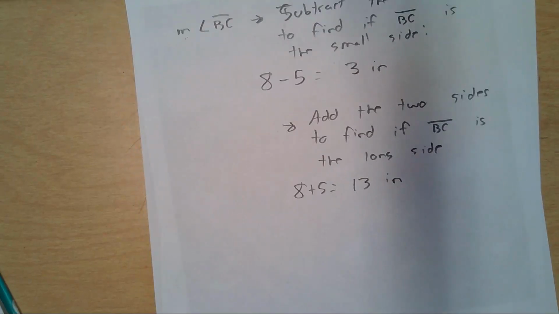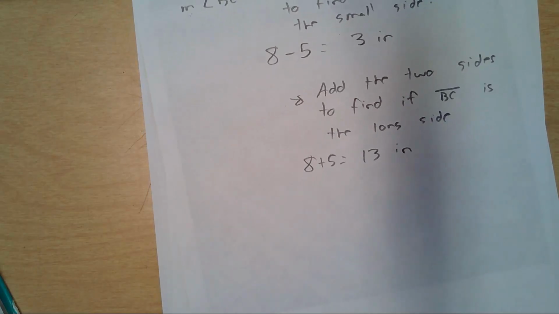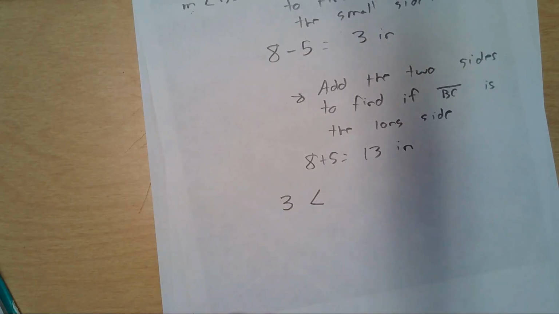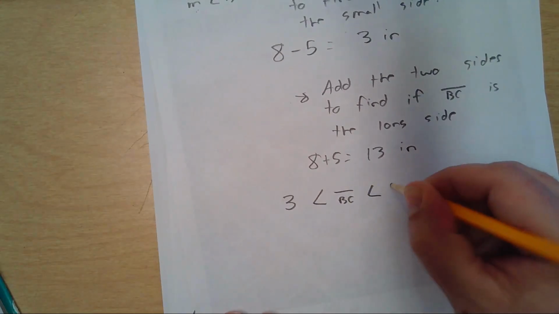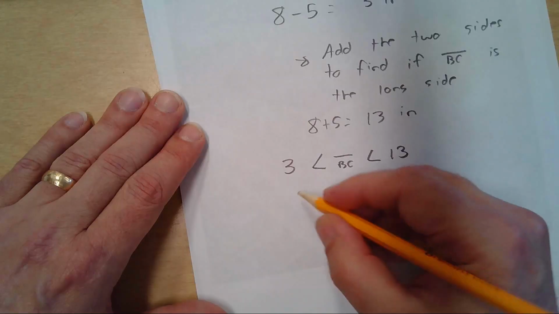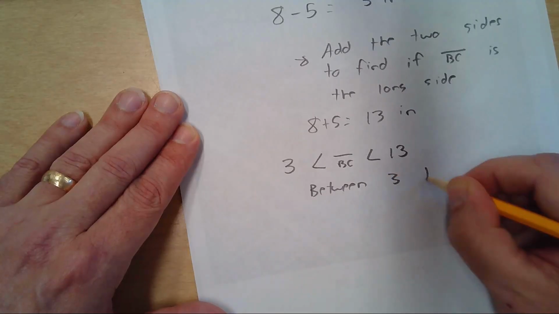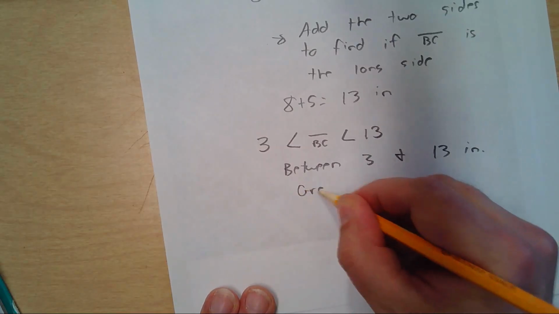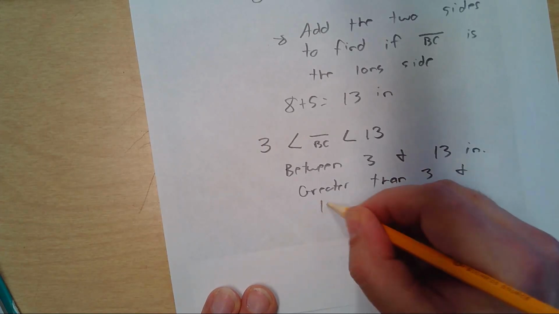So what I would want for an answer here, and you could represent this a couple ways, is 3 is less than BC is less than 13. Or if you want to write it a little easier, you could say between 3 and 13 inches is fine. Greater than 3 and less than 13.